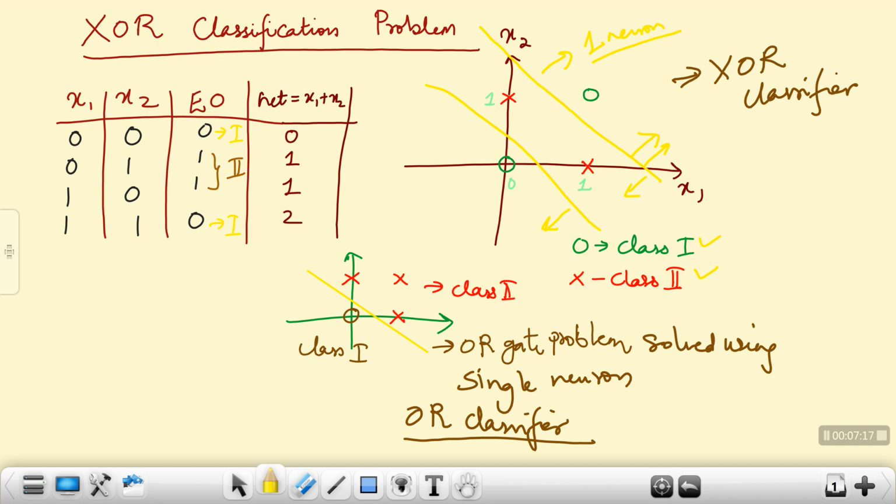We shall now have a look, we shall now prove how a single neuron cannot solve the XOR classification problem. So first, why it is not possible for a single neuron to solve it. Secondly, how to solve this XOR classification problem. Is that clear?